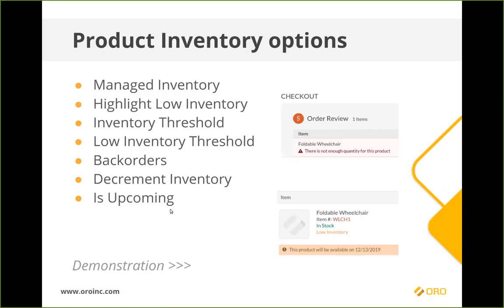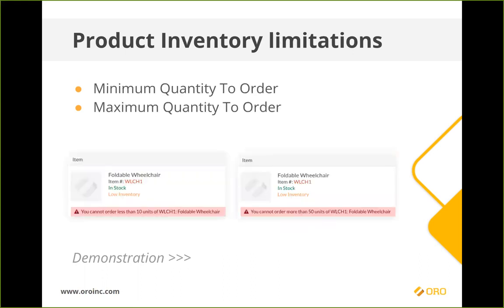And is upcoming is a special flag which can be used to tell whether this product is upcoming or not. And we have two more options here called minimum quantity order and maximum quantity order, which tell us that we cannot order less than some quantity or more than some quantity.